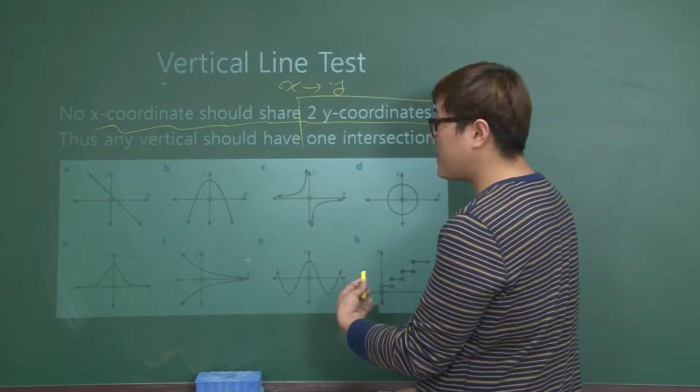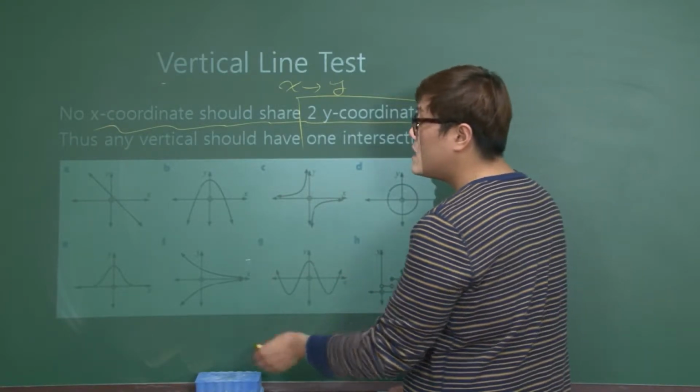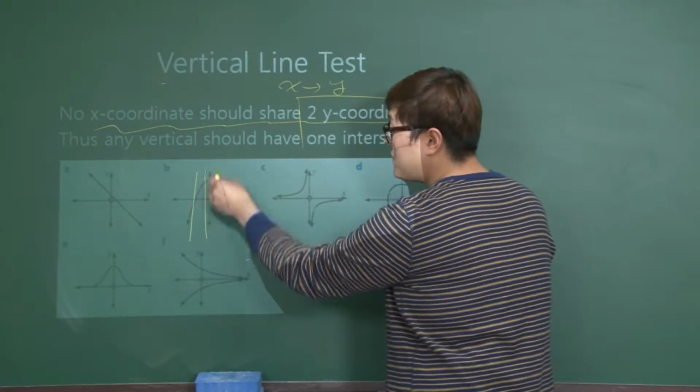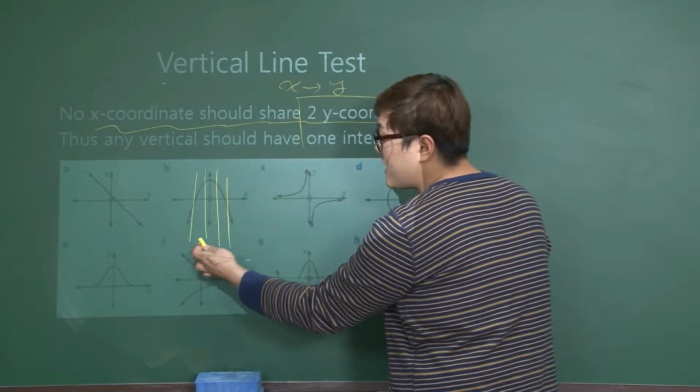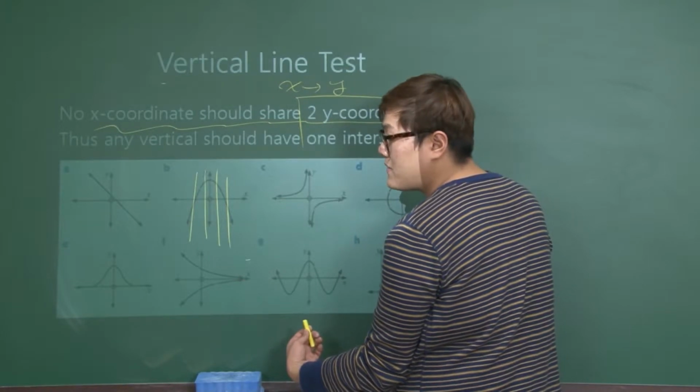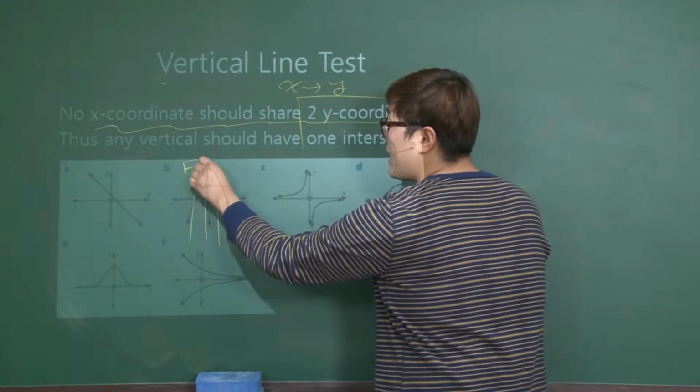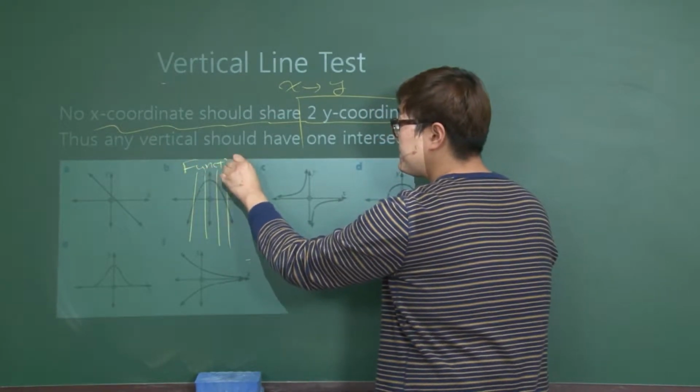So let's go with graph number B. Here, if we draw a vertical line, there's no vertical line having 2 or more intersections with the given graph. So this is a function.